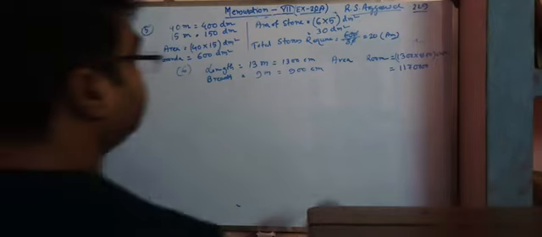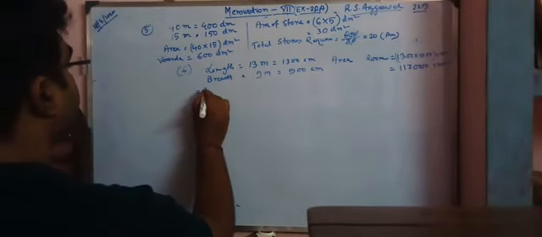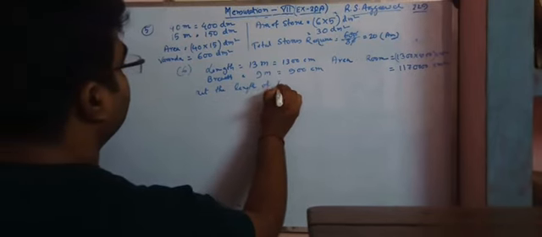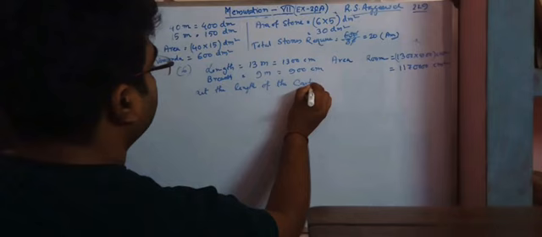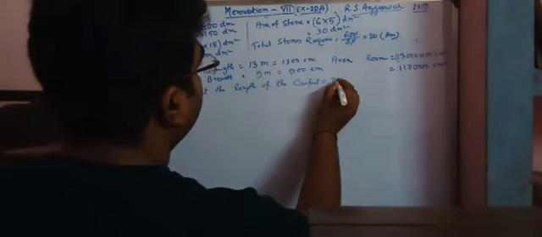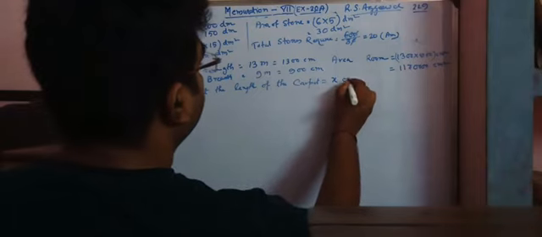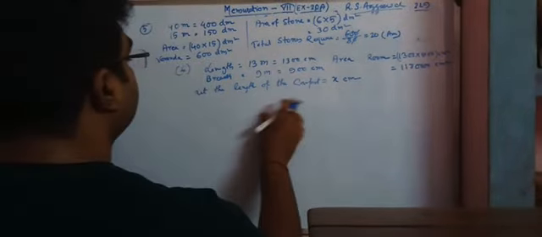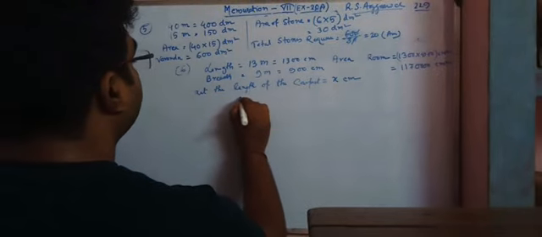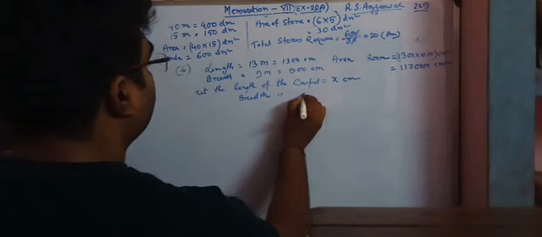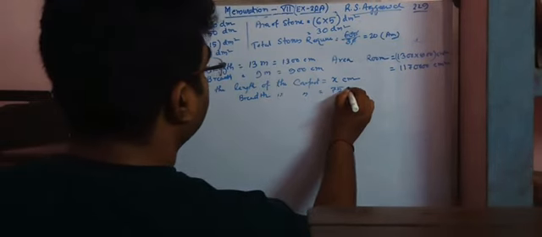This is in centimeter square. Now let the length of the carpet be x centimeter, and the breadth of the carpet is given as 75 centimeter.